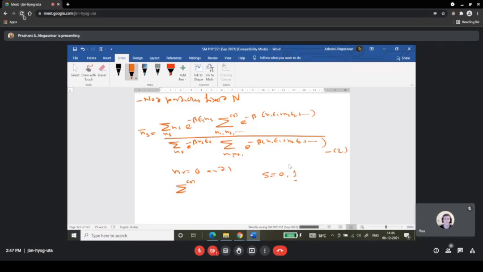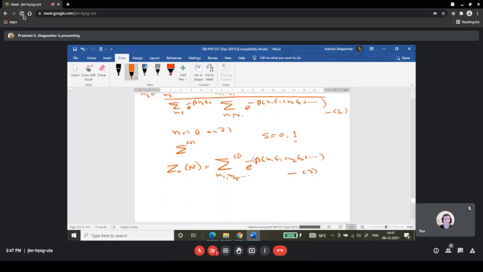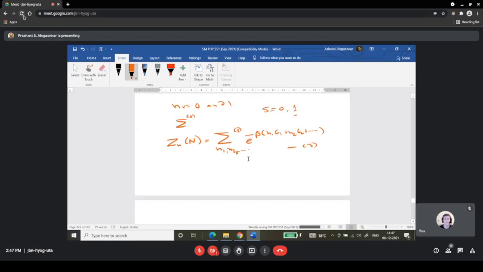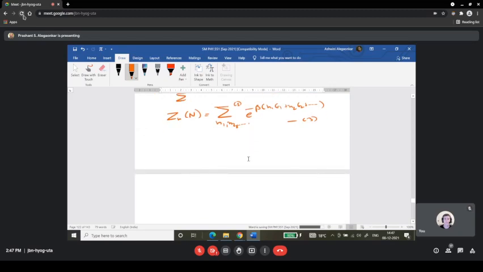Then in that case I can write my partition function for a fixed number of particles, which will be summation over n1, n2 and so on, up to the fixed number of particles, e raised to minus beta n1 epsilon 1 plus n2 epsilon 2 and so forth. Call this relation number 3. And then if n particles are to be distributed over the remaining states, it's going to have only two terms.